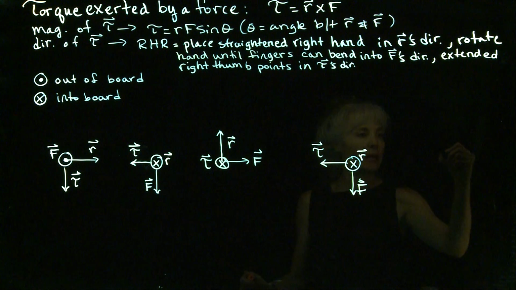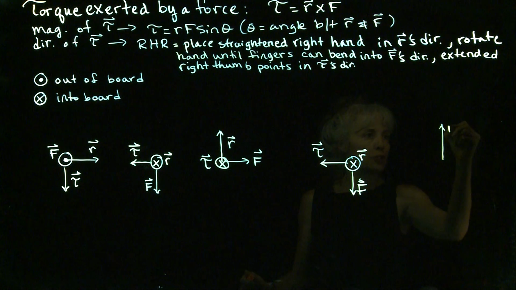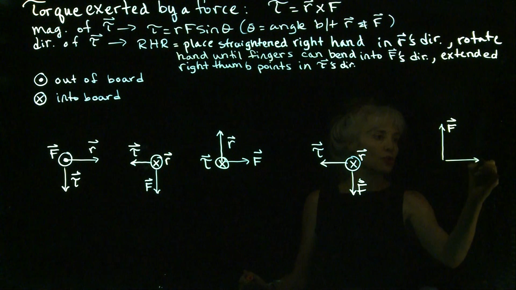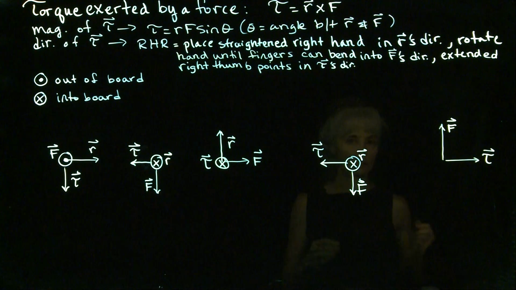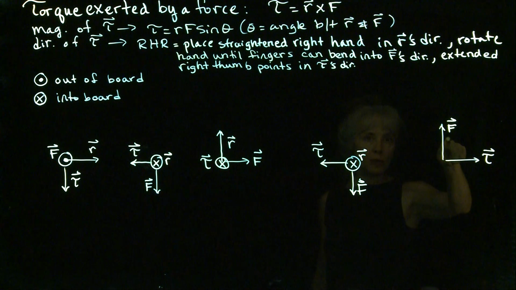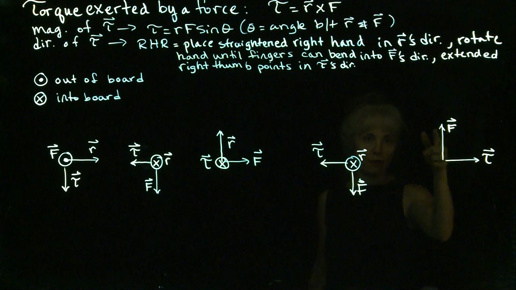Let's practice again. So let's say we know the direction of the force to look like this, and we know the direction of the torque to look like this. So that means my fingers should be pointing in the direction of the force.